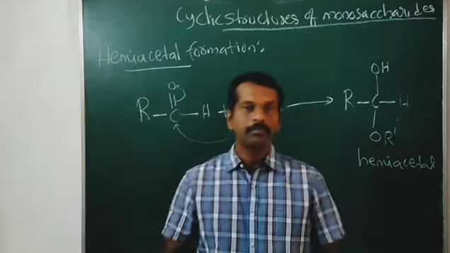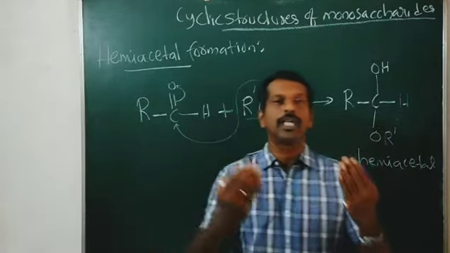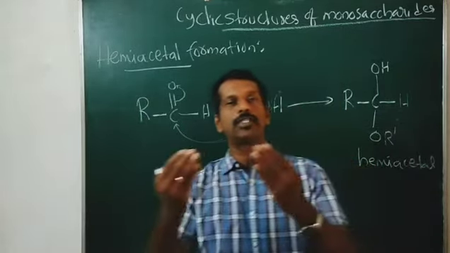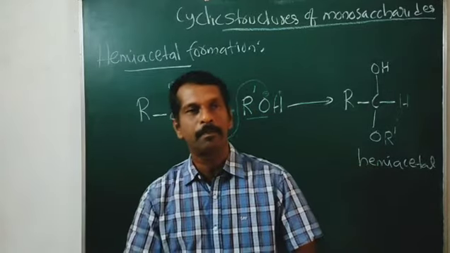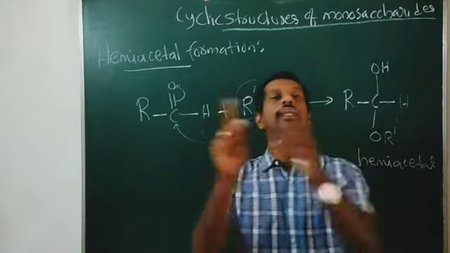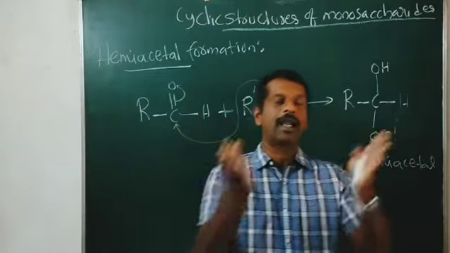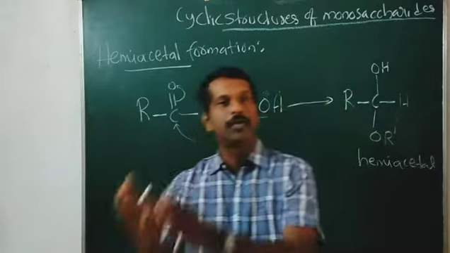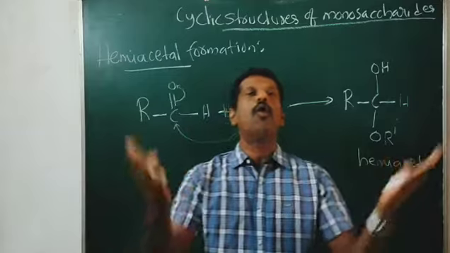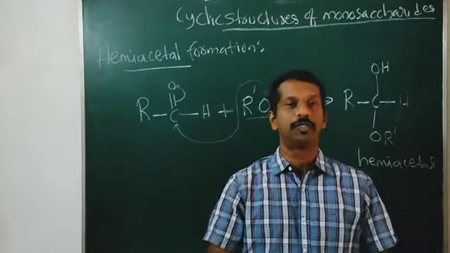Now, in the case of monosaccharides, we know that monosaccharides contain an aldehyde group or a keto group, aldoses or ketoses, with many OH groups. So what will happen?